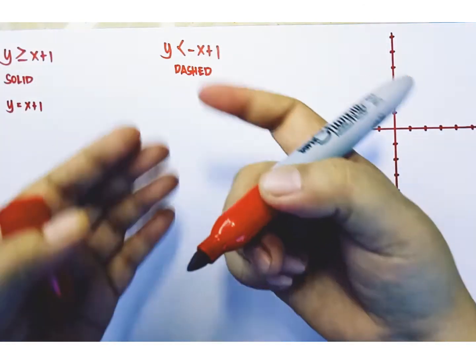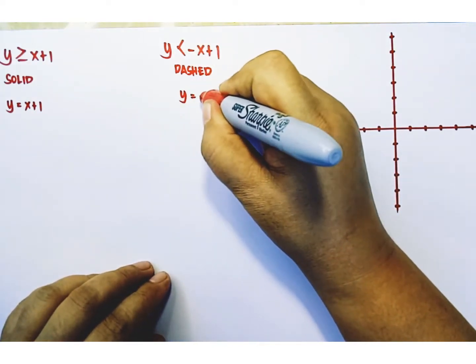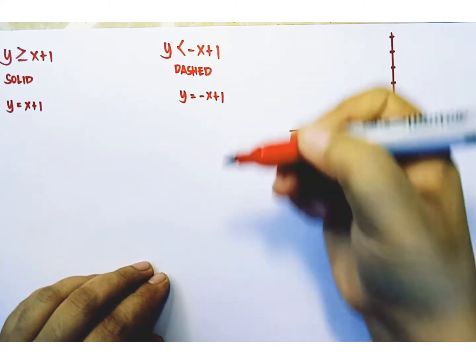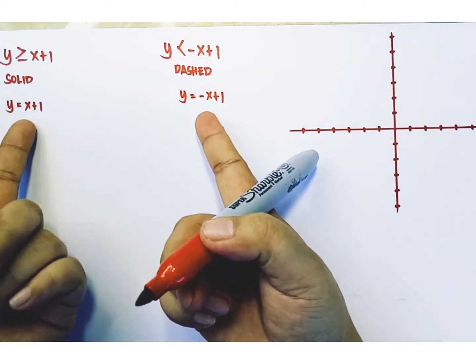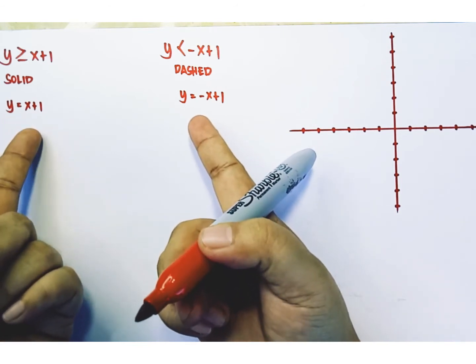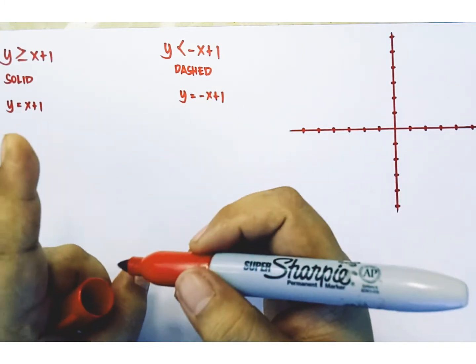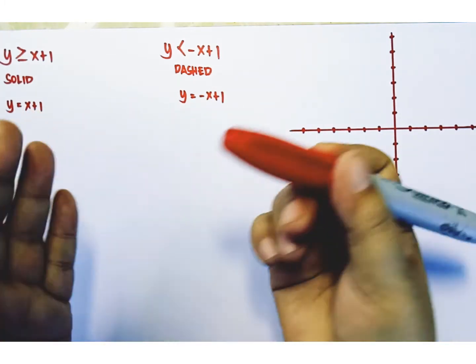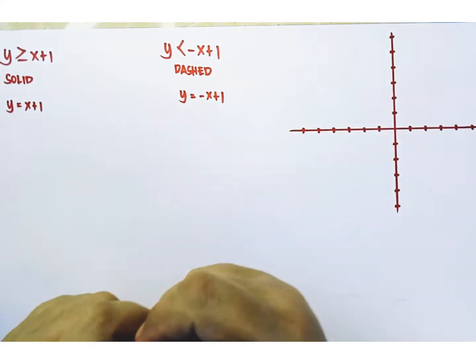And for the second inequality, the related equation is y equals negative x plus 1. The two equations are written in slope-intercept form, or y equals mx plus b form. So we are going to use the slope and the y-intercept of the equation to sketch the borderline.